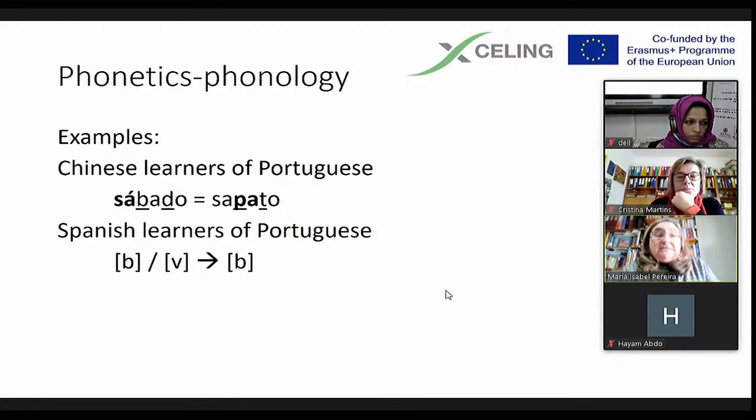And the Spanish learners of Portuguese also have difficulties in distinguishing some vowels of the vocalic system of Portuguese.